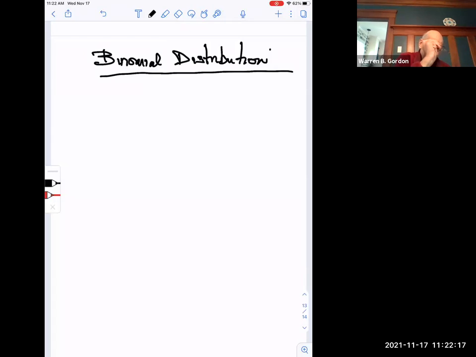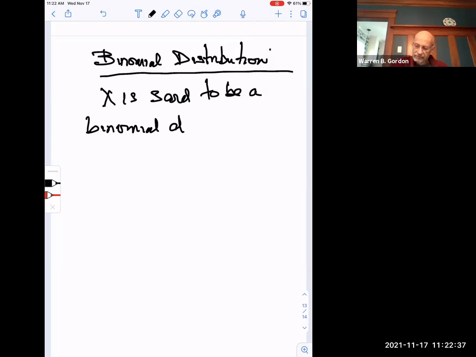I'm going to use the notation I'm using in the text. I was very careful about that. So I want to define the random variable x. It's said to be a binomial distribution if it has the following three properties.